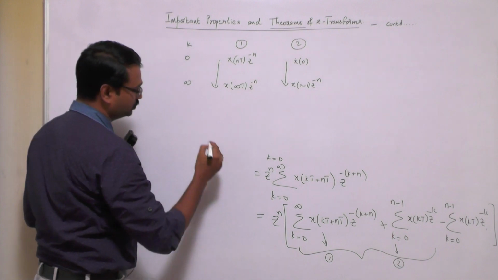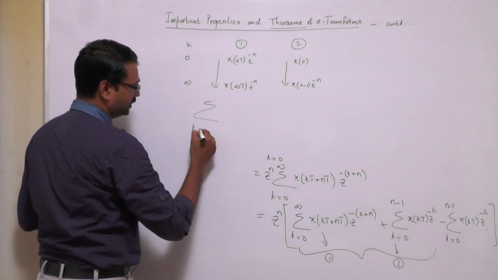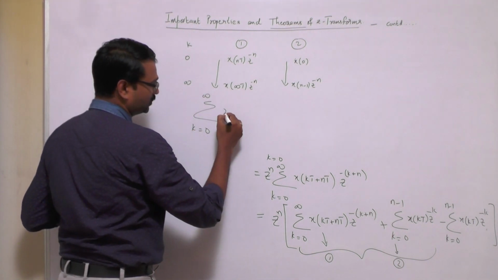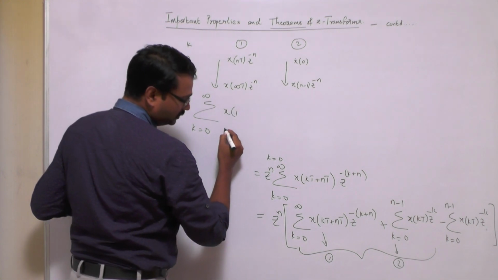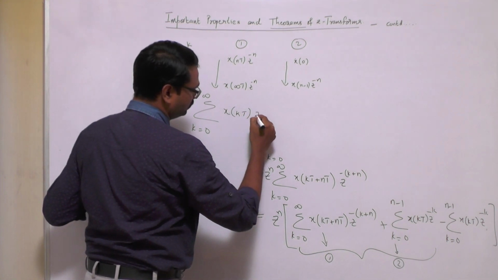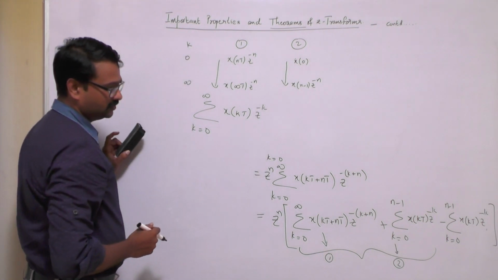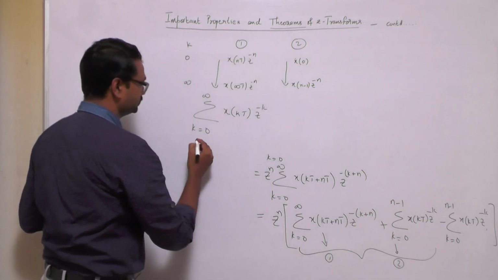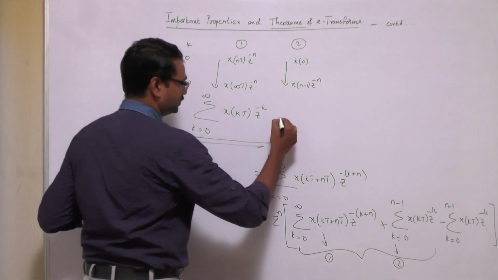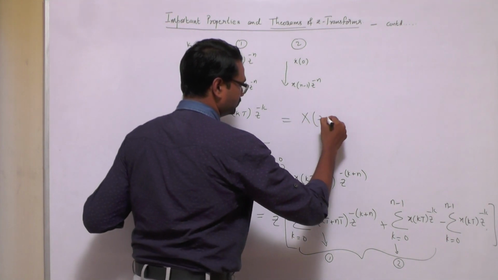Therefore you have x of 0, x of n minus 1, x of n to x of infinity. Therefore you can club these two together. You have k from 0 to infinity x of kt z power minus k. If you add these two, you will get this term, which is nothing but x of z.